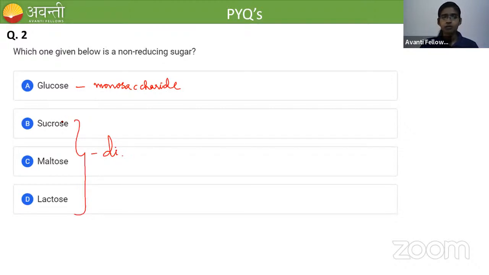But all monosaccharides and disaccharides are reducing sugars except sucrose. So sucrose is an exception, right? There is no free aldehyde group or ketonic group present in sucrose. So the correct answer would be sucrose. It is a non-reducing sugar.